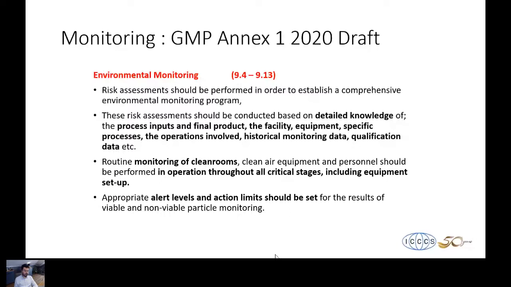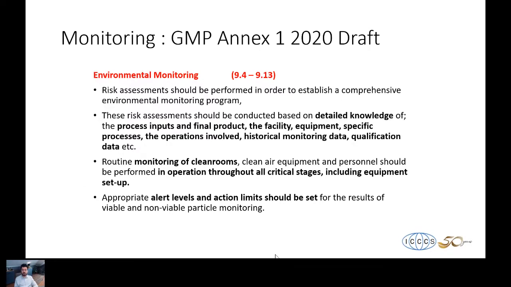It's not possible to collect all this information from the quality department or from engineering alone. So different departments, the stakeholders, should come together and discuss these risk assessments. Risk assessment has to be done with engineering, quality, production, and qualification, so that everyone will know their part of the job, what the risk is, and how they will monitor it in the long run.